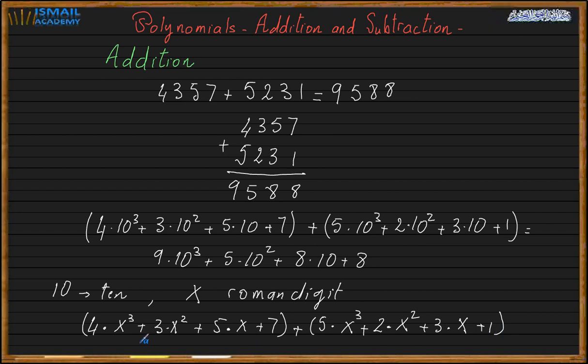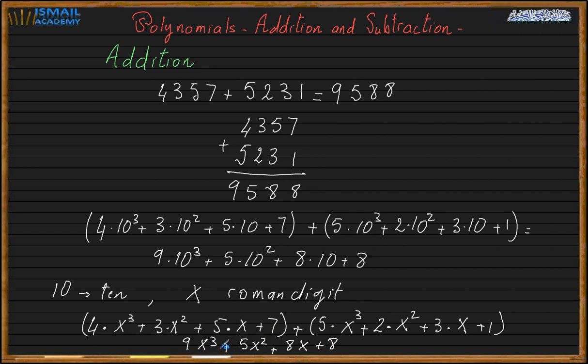Now, because in addition we add similar quantities, this is 4,000 and 5,000. So it's going to be 9,000 plus 500 plus 8 tens, plus 8.